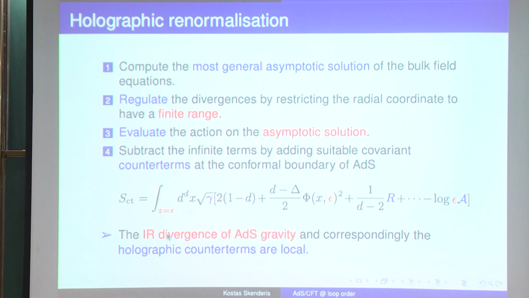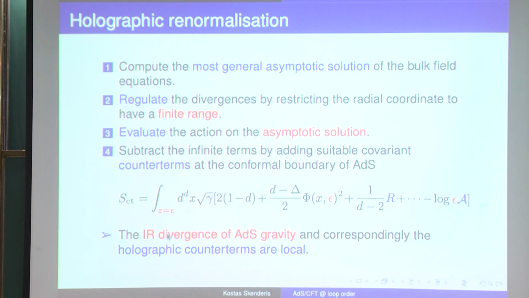If you are in even boundary dimensions, then when you do this, you find there is also an infinity which explicitly depends on epsilon, a logarithmic infinity, and its coefficient is the holographic analog of the conformal anomaly.